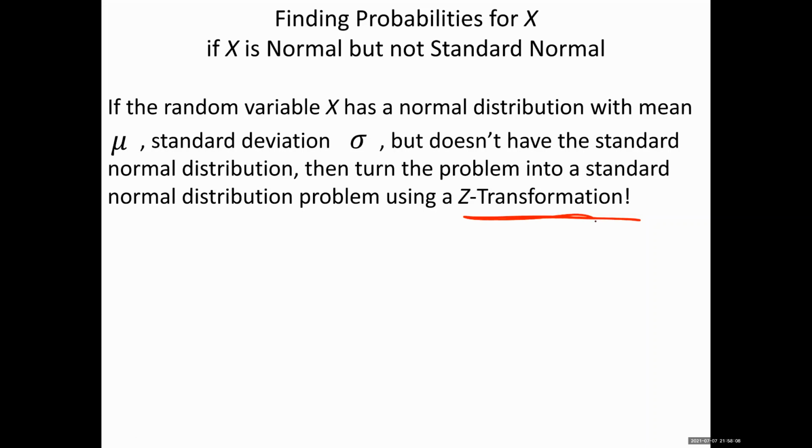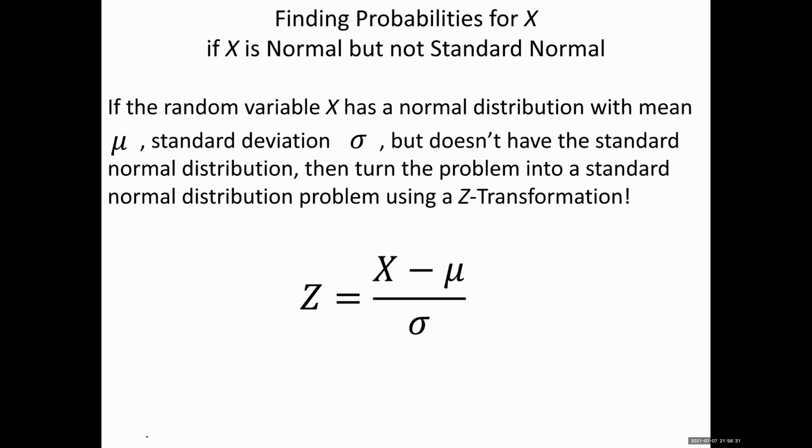You transform it to a z problem. And here is the z transformation formula: z equals x minus mu over sigma. This formula is really important in stats, and it shows up in a lot of different places. There's one place it showed up in chapter 2 that we skipped. If you had read that stuff, then you might have seen this formula before.